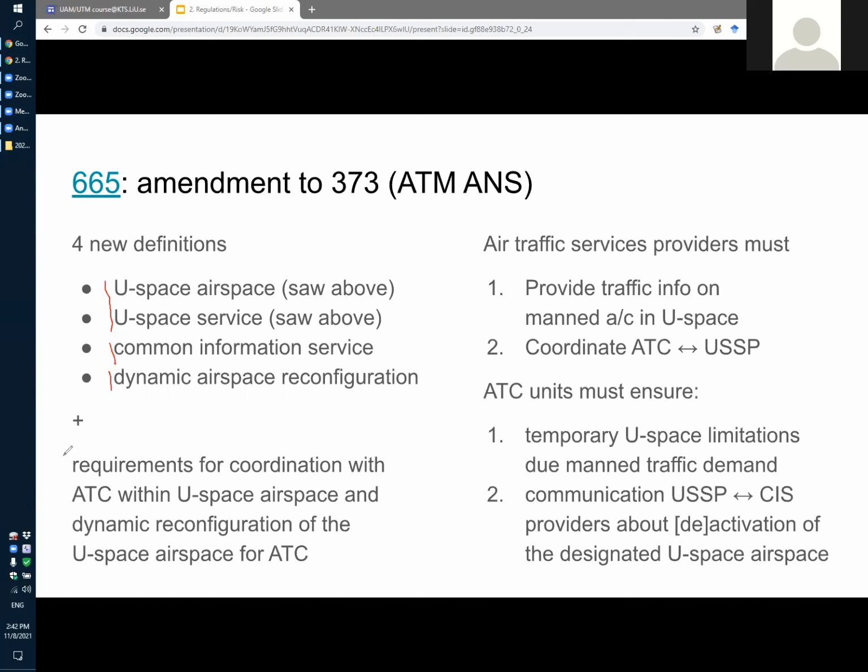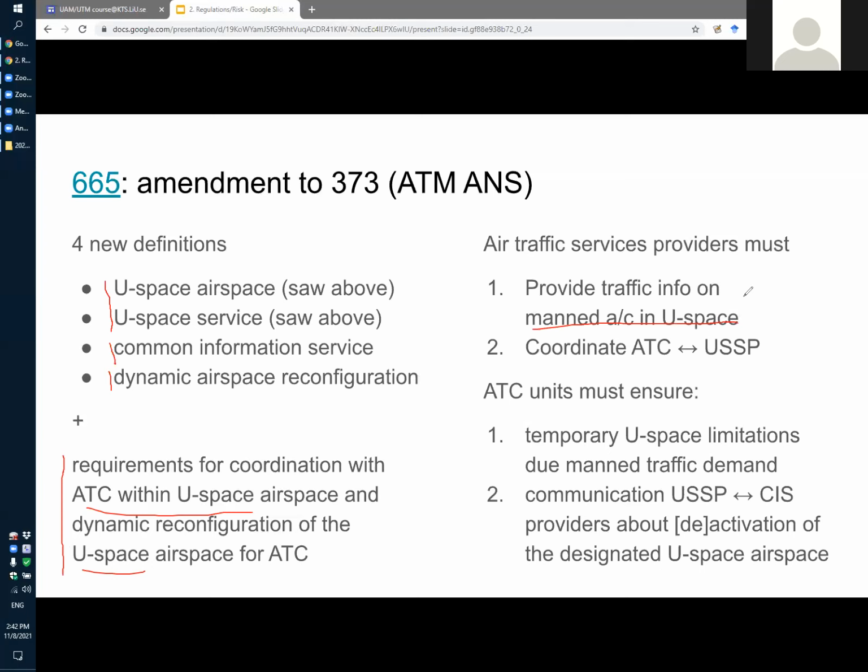I guess there is a homework question where I ask you to look at one of them. More or less it says, again, you have to coordinate with air traffic control within the U-space and reconfigure the U-space if there is a demand from the manned aircraft coming. So you have to provide traffic info on manned aircraft in U-space.